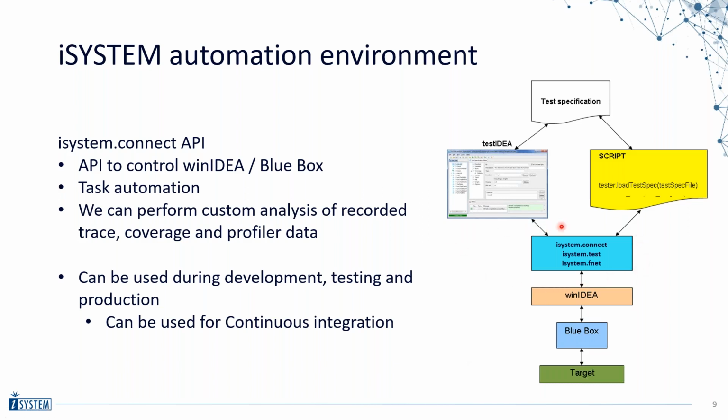And then we have the testIDEA application running with the test specification, or we can go directly with the scripting. We can start Python scripting or other languages. And also inside the testIDEA, we can generate a complete stand-alone running Python script out of this testing.